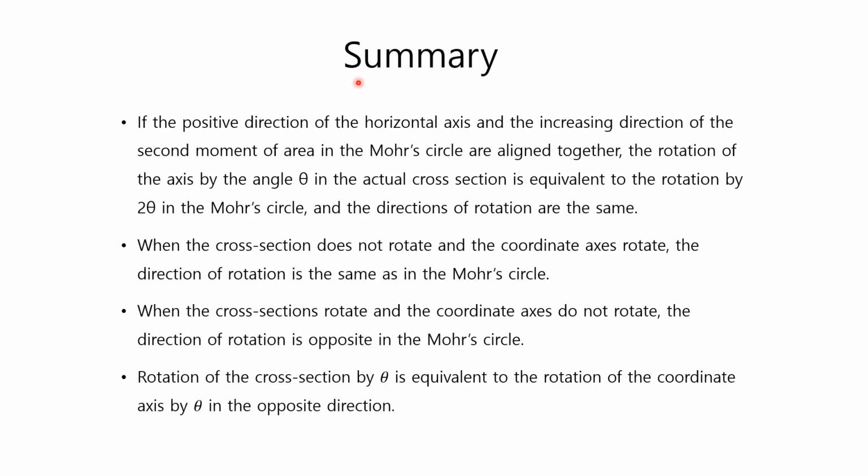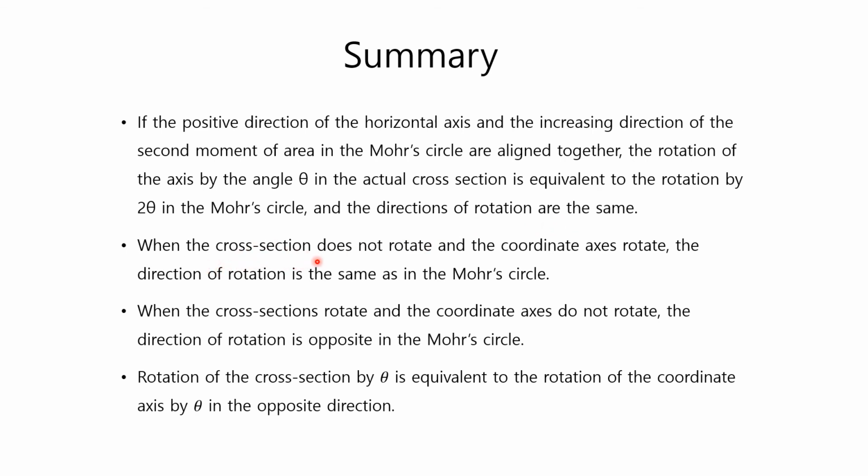Here we have a summary. If the positive direction of the horizontal axis and the increasing direction of the second moment of area in the Mohr circle are aligned together, the rotation of the axis by the angle theta in the actual cross-section is equivalent to the rotation by 2 theta in the Mohr circle, and the directions of rotation are the same.